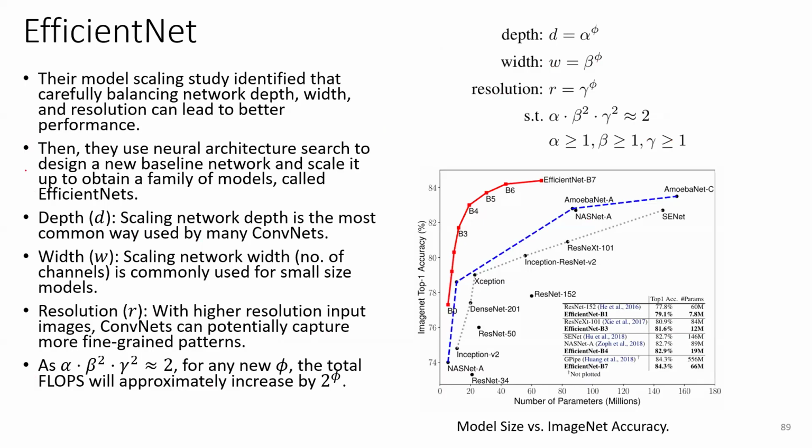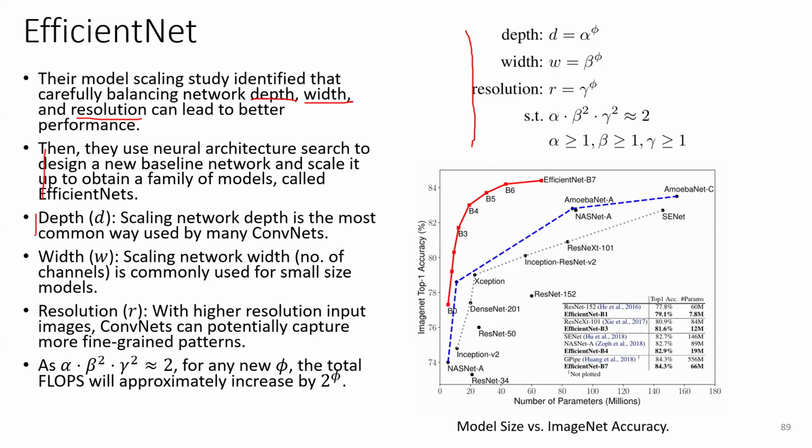What they did was they studied carefully how to balance the depth, width, and the resolution of the network. They had some parameterization for the depth, width, and resolution, and then they used neural architecture search to design a new baseline network and scale it up to obtain a family of models called EfficientNets.